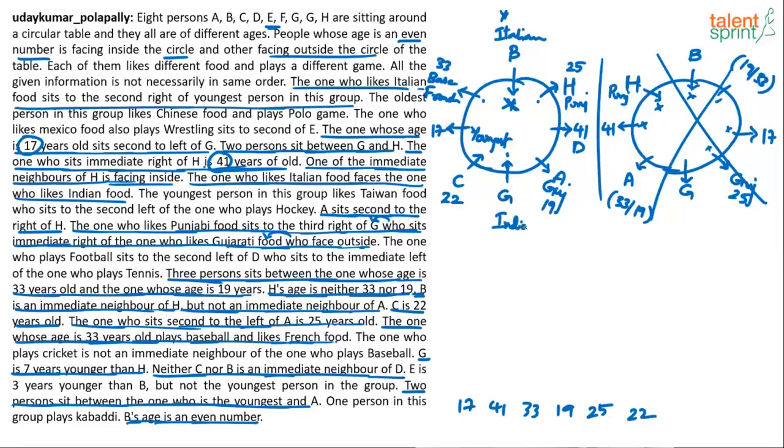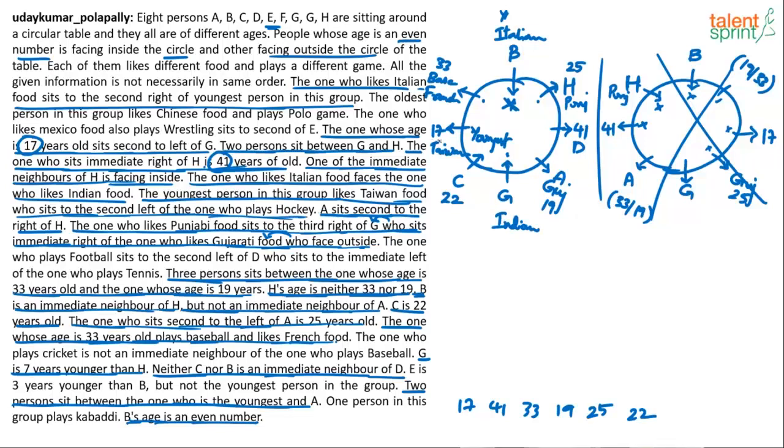G likes Indian food. The youngest person in this group likes Taiwan food, who sits to the second left of the one who plays hockey.